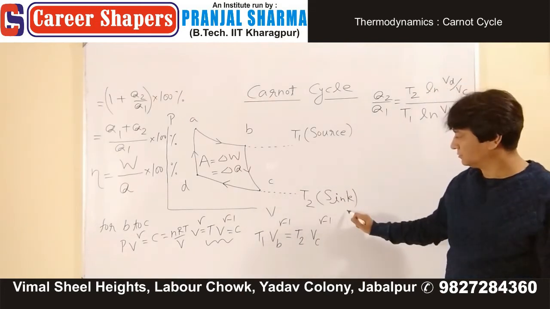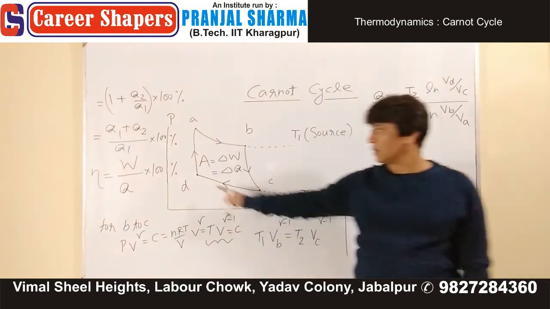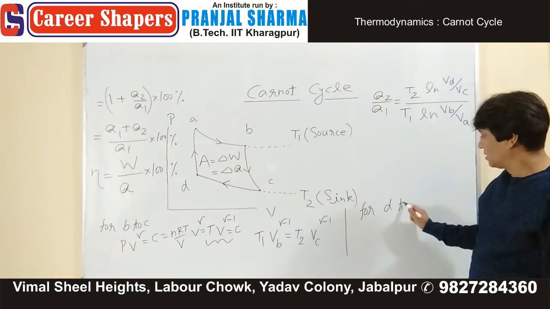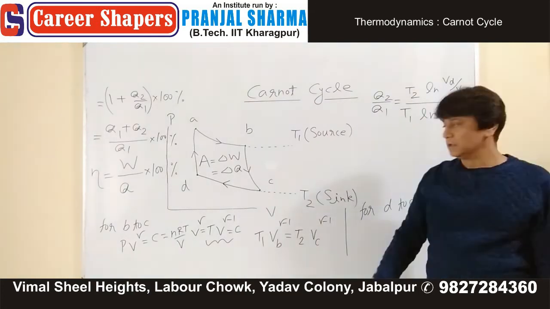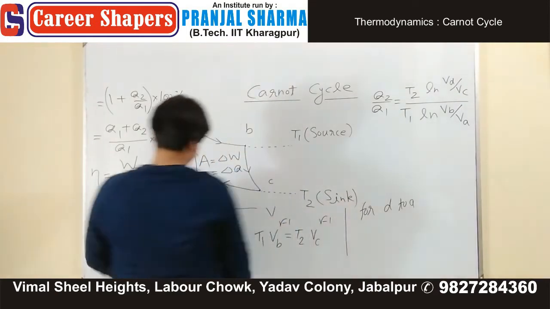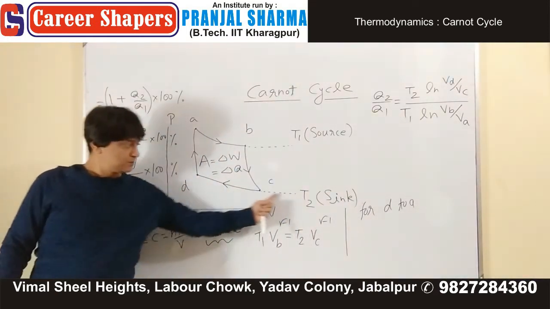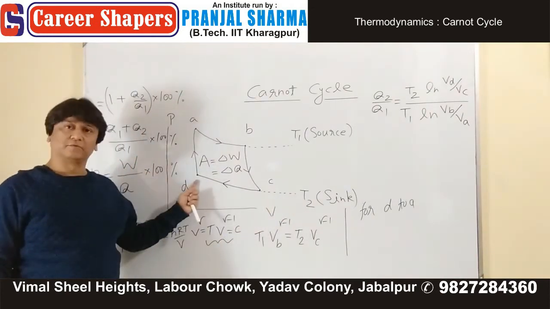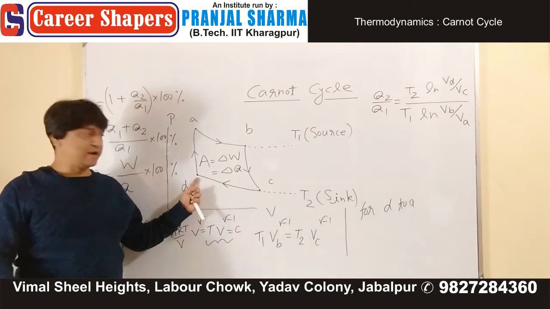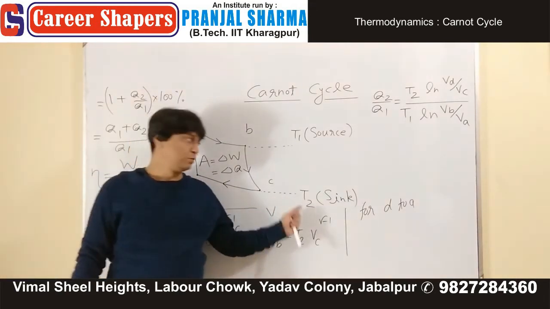Again, for D to A, same relation for D to A. Temperature at D, it's part of the isothermal curve. Temperature at this point and temperature at this point, they are same. What is temperature at D? T2.